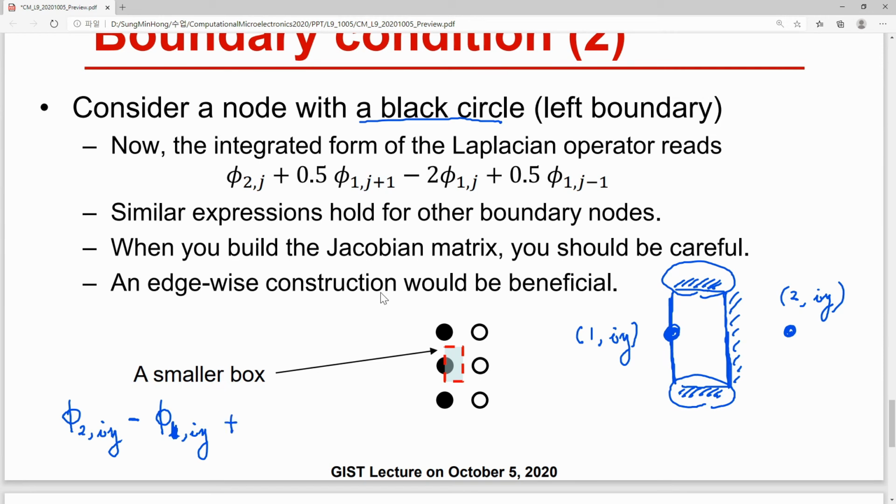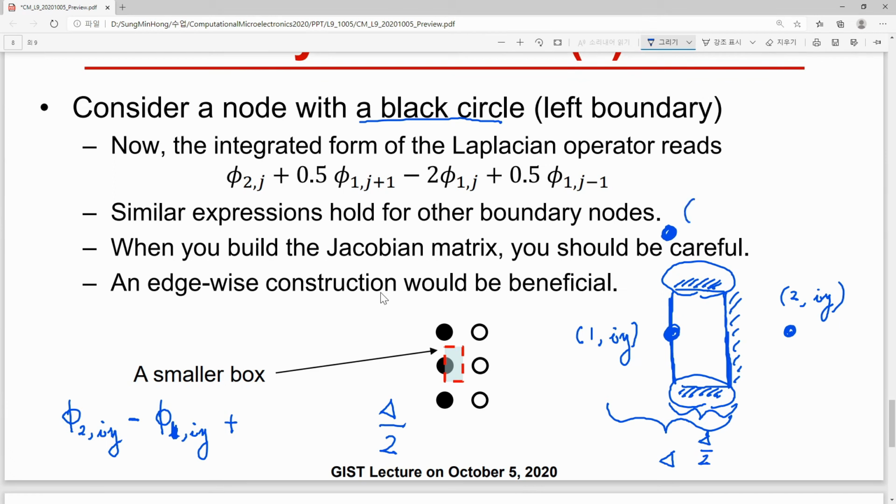In this case, the area is not corresponding to delta, but we have to have just half delta, because this is corresponding to delta and this is just corresponding to half of delta. So we have half of delta, and on top surface we have something like 1 comma iy plus 1 point.